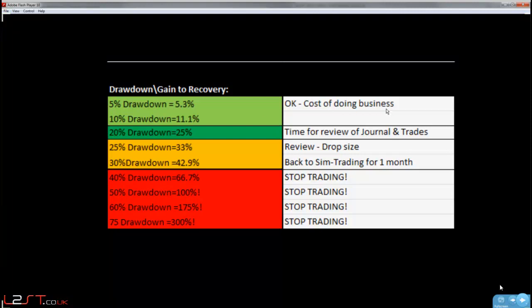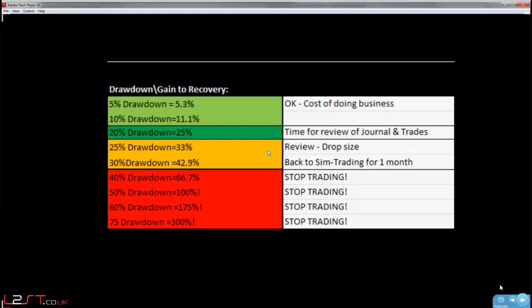So remember, gain to recovery is how much you have to gain, in percentage of what's left in the account, just to get back to break even. Now a 5 to 10% drawdown is just the cost of doing business. It's normal. It can happen. I'm not saying you should expect that completely, but if it happens, you should be okay with it. What I'm saying is that when you get into trading, you have to be willing to take some level of risk, and you've got to define some kind of limit to that.